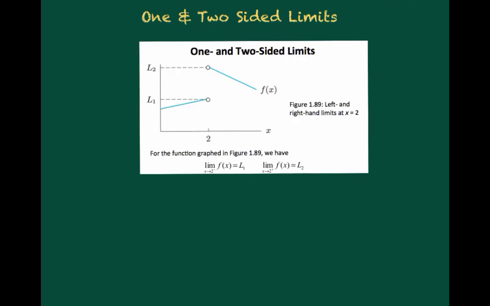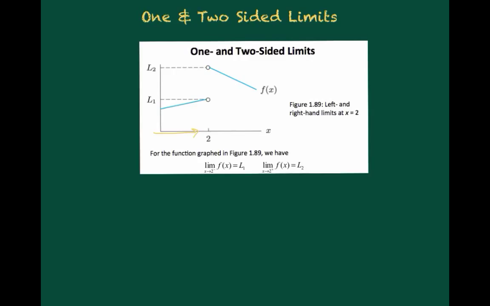A very important topic for us in calculus as they relate to limits are one- and two-sided limits. And, you know, like most of this, it's really not as complicated as you may fear. A one-sided limit is where we expect the function to be as we're coming toward a given x value from one side.